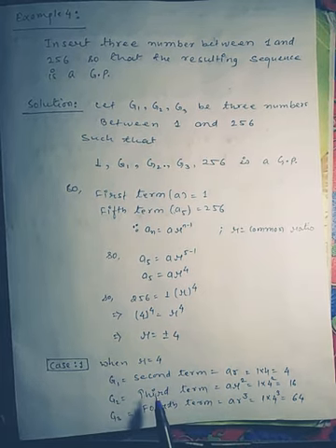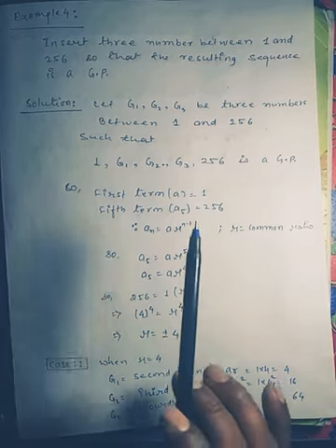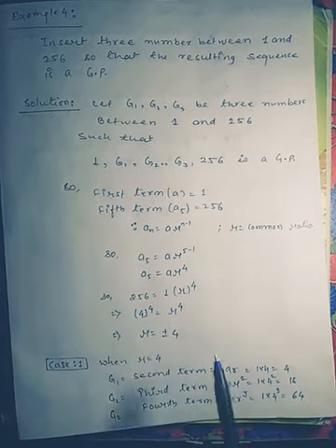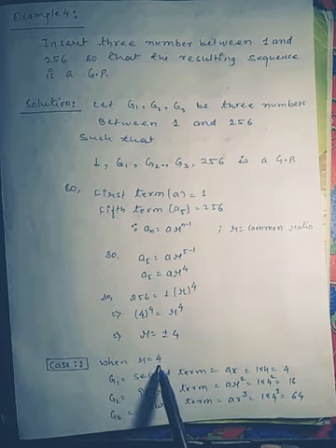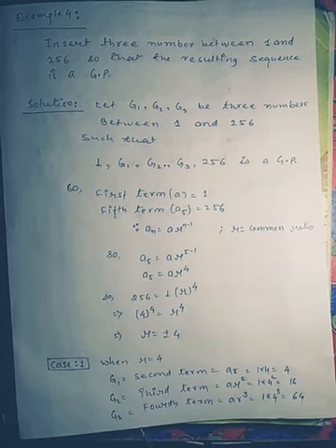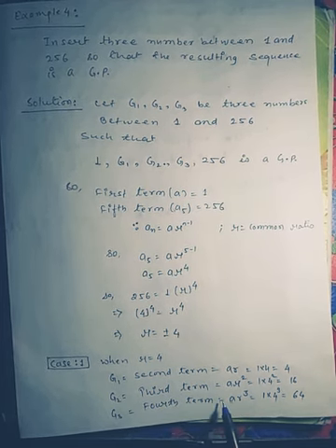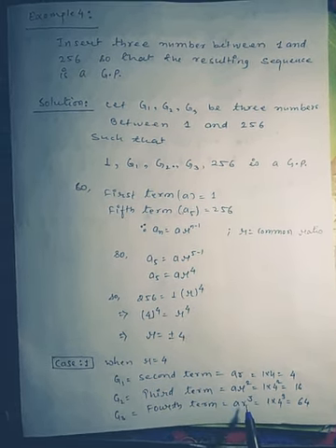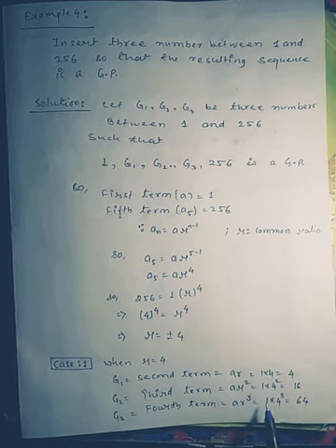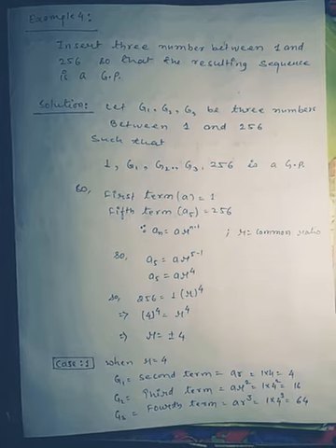G2 is third term, so ar squared, and a is 1 and r is 4, so third term is 16. G3 means fourth term, which is ar cubed, 1 into 4 cubed, which is 64.